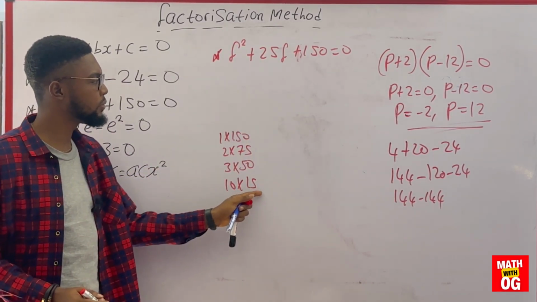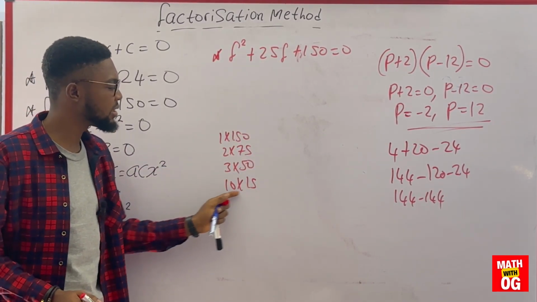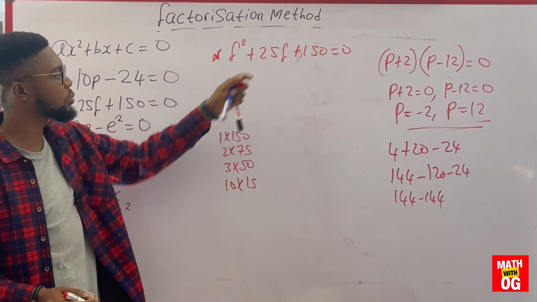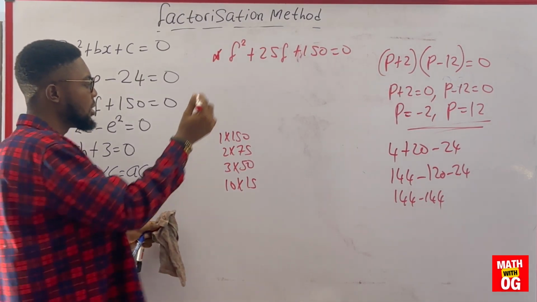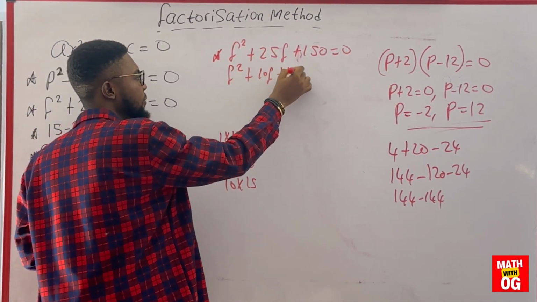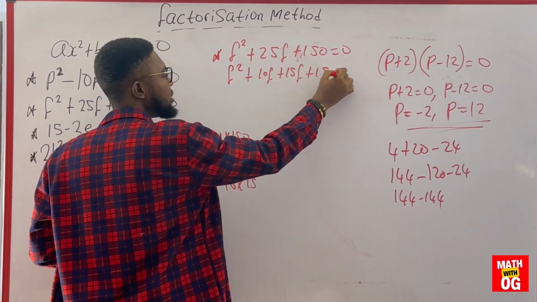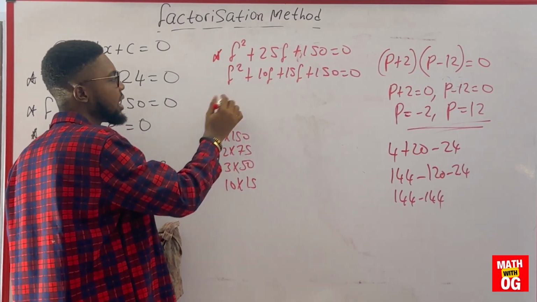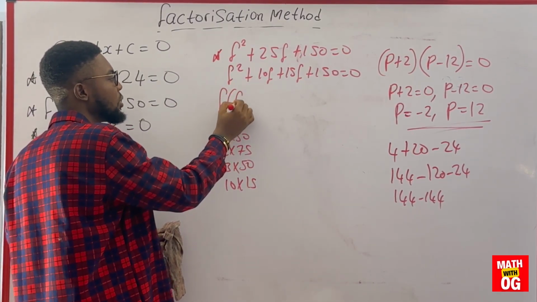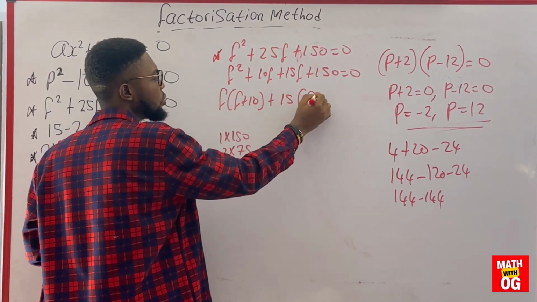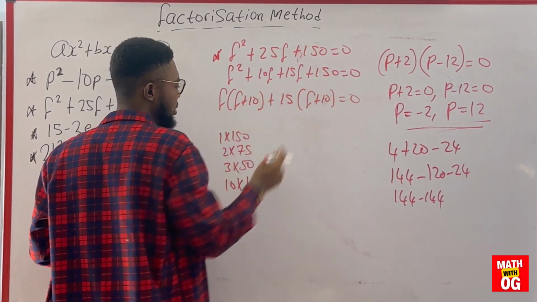So since 10 plus 15 gives us 25 and 10 times 15 gives us 150, we can work with that. So we have f squared plus 10f plus 15f plus 150 equal to 0. Now I'll factor two at a time. Here you have f into f plus 10, plus 15 into f plus 10, equal to 0.